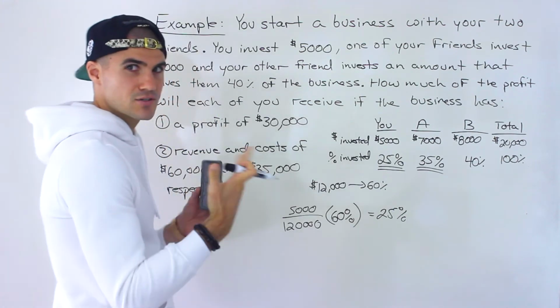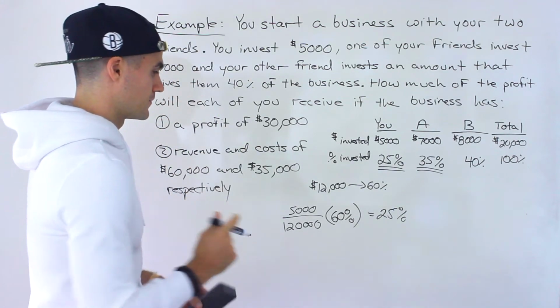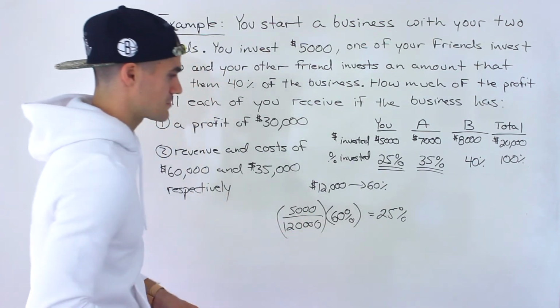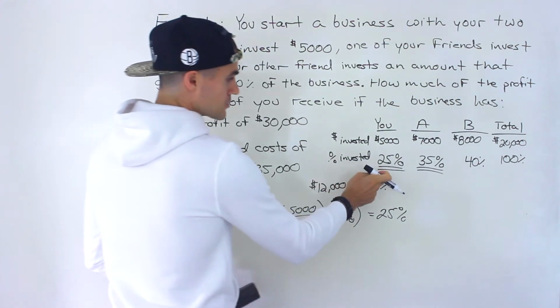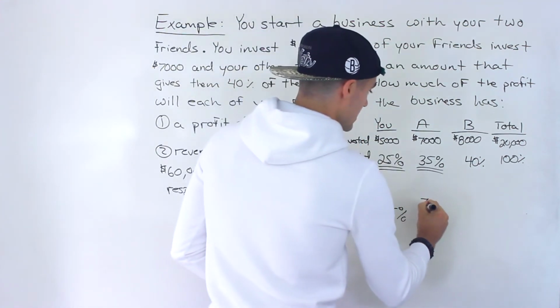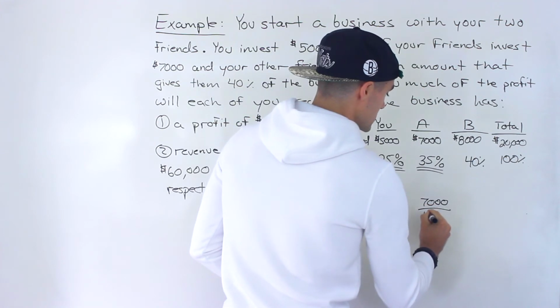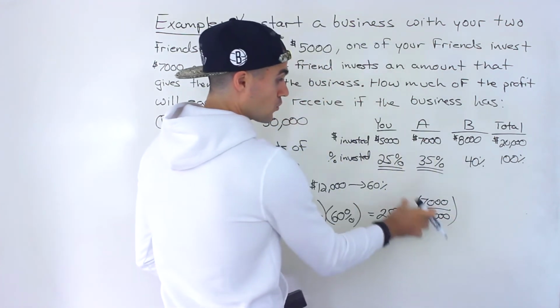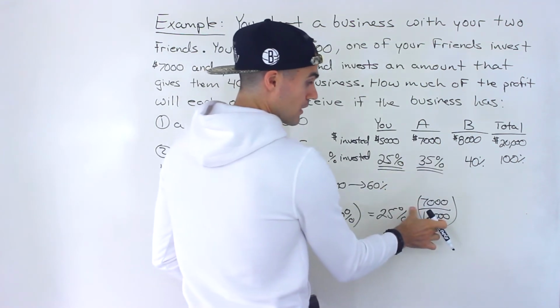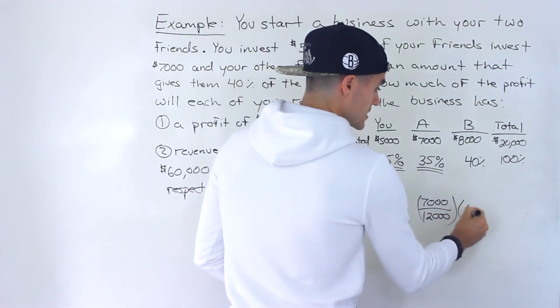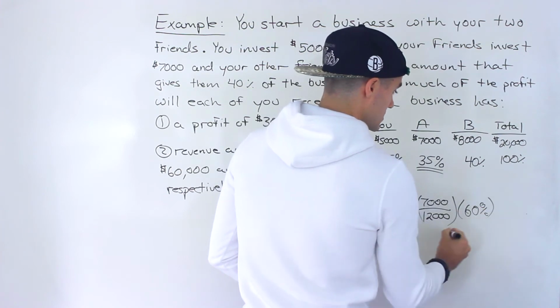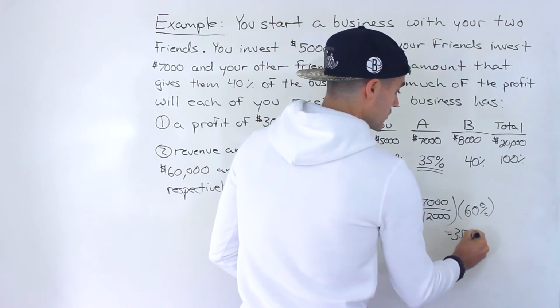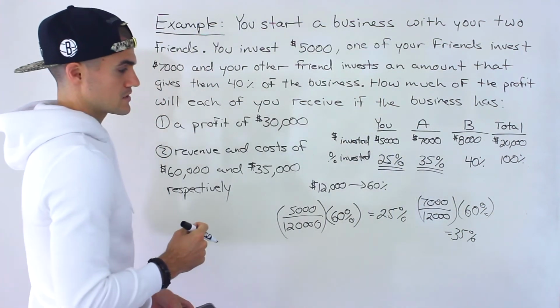It's just a little less intuitive and a little tougher to explain, but it is a quicker way to get that percentage directly. And we could have also done 7,000 of the 12,000, that's how much friend A owns of the 12,000, and remember the 12,000 represents 60% of the business, so we could have got that 35% like that as well.